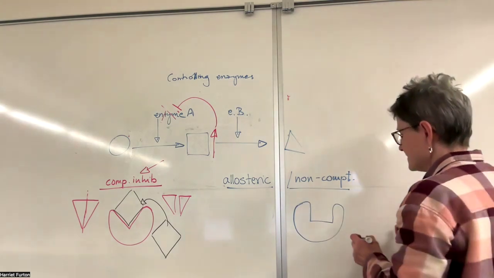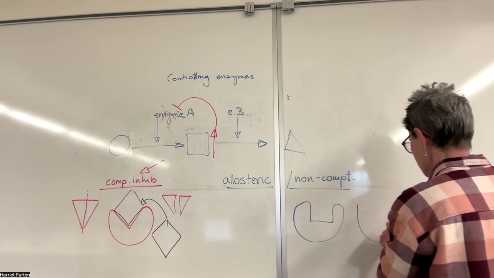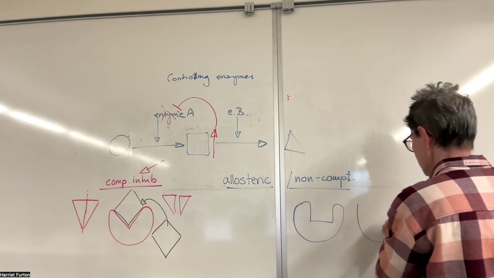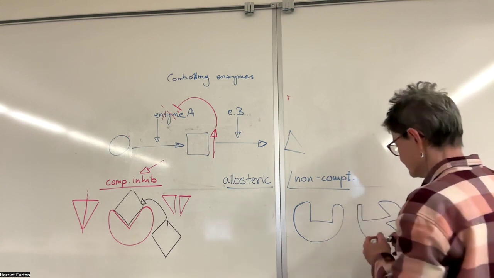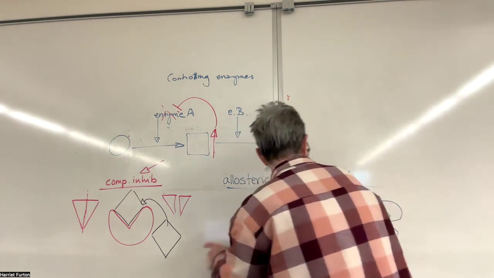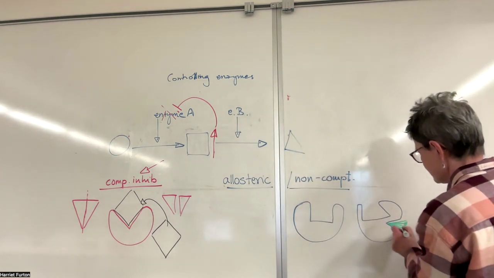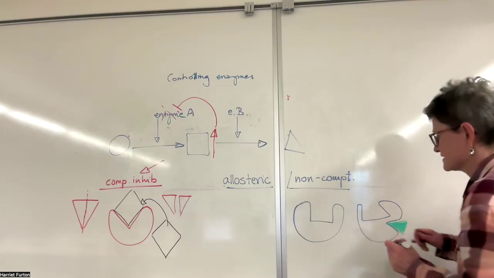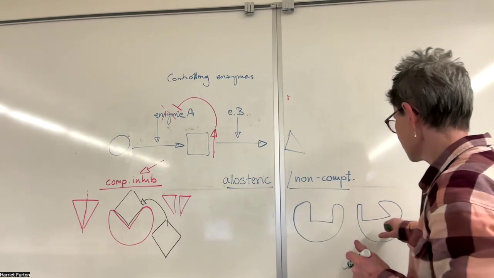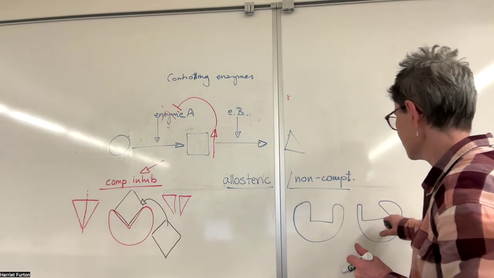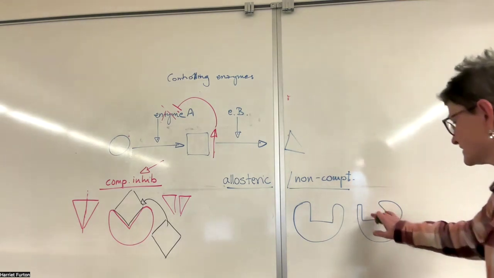And the inhibitor will be something like that, sitting at the allosteric site, combines with the allosteric site. And that allosteric site will change the shape of the active site.